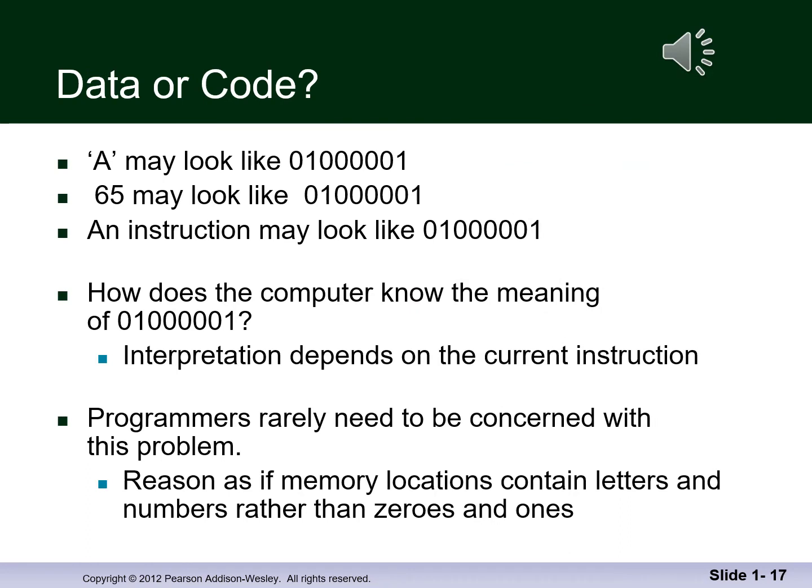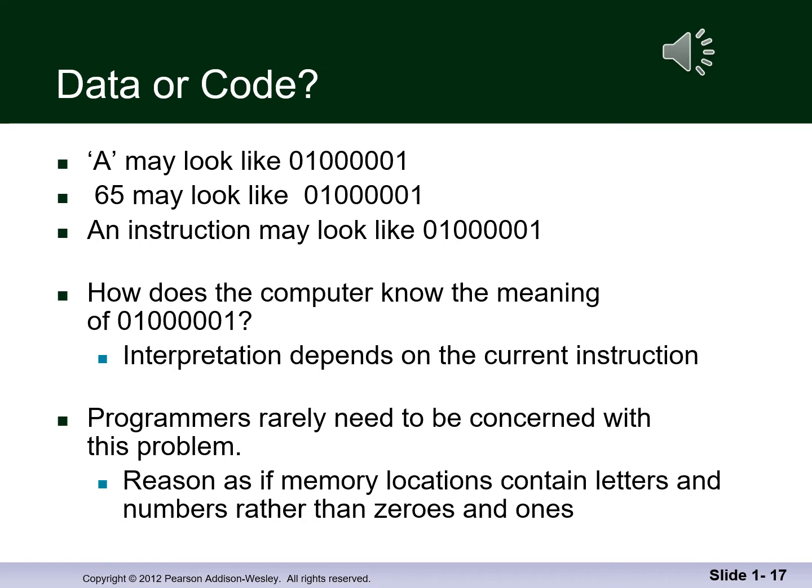Although we're used to looking at letters and numbers on computer screens, those letters and numbers are encoded using binary encoding, so that the capital letter A will look like those 8 bits which make up a byte: 0, 1, 0, 0, 0, 0, 0, 1, and 65 will look like those same 8 bits.